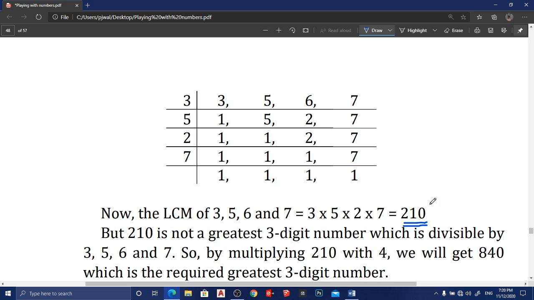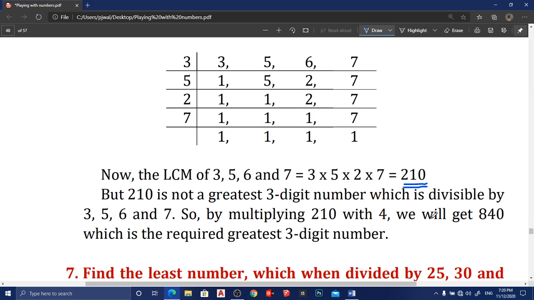One or two more multiples we can take. By multiplying this 210 until you get the three-digit number, you can find the greatest three-digit number.